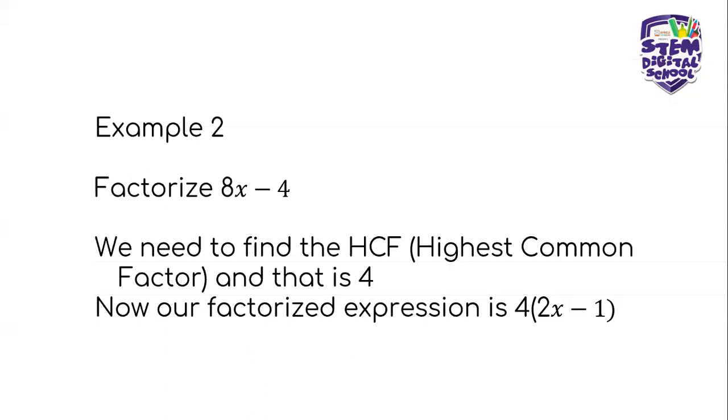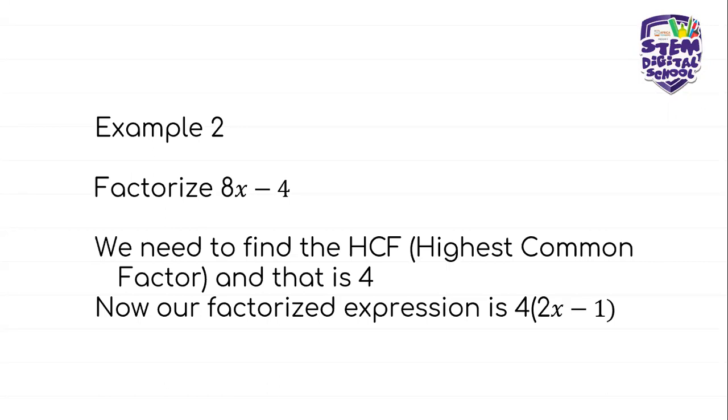In our case, we are factorizing 8x minus 4. And we say that the highest common factor is 4. And so if you take out 4 as the highest common factor, then you'll be left with 2x minus 1. Then you close your bracket.